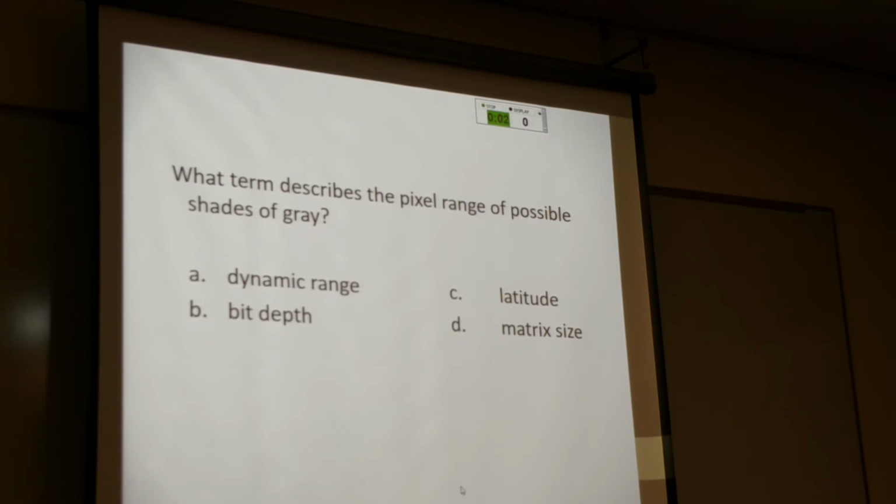Couple more. Okay, you should get this one. And the key word here will be pixel, not of the system.